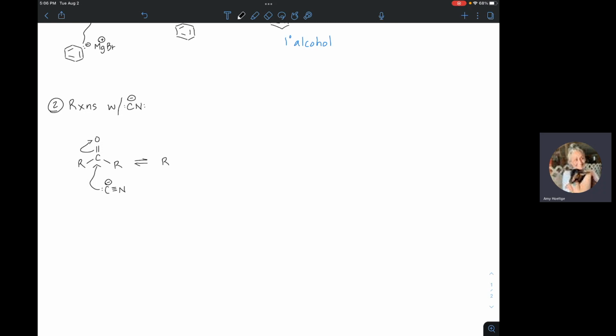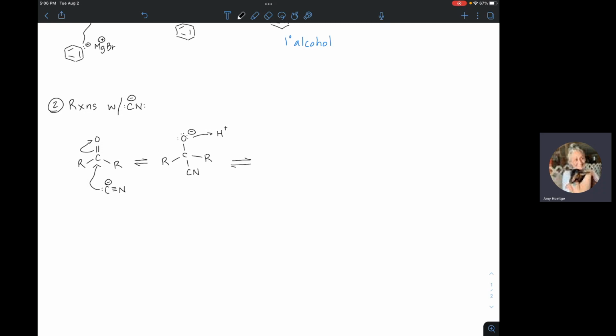We form our tetrahedral intermediate. And then we're going to protonate this with some acid.